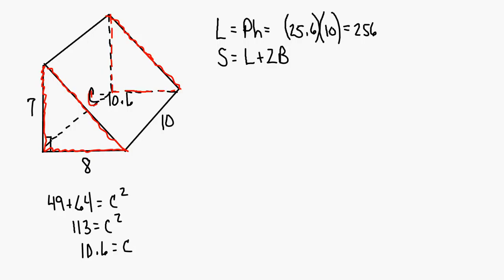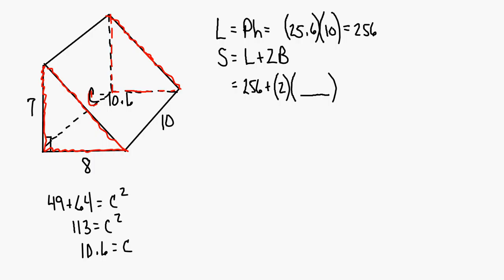Now, your surface area is equal to your lateral area, which you now know is 256, plus 2 times the area of the base. The area of the base is the red shape again. It's a triangle.